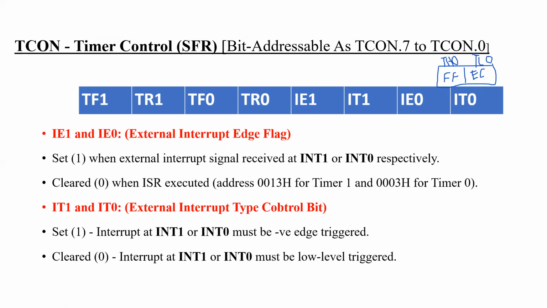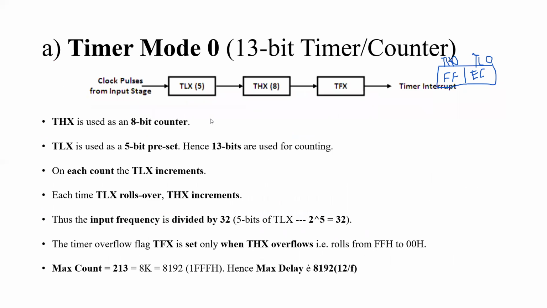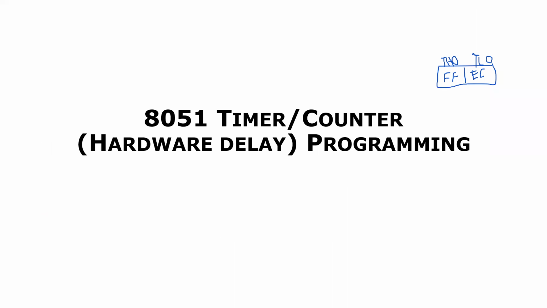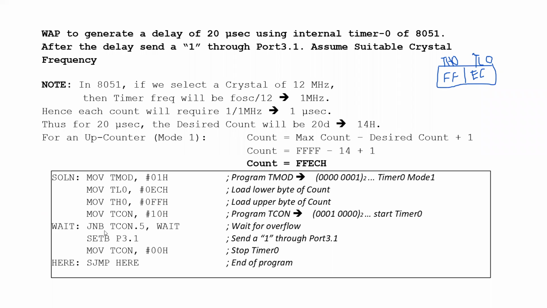If it is not set, it is 0. So we are checking whether an overflow has occurred. When an overflow occurs, this bit will be set. This TCON register is a bit addressable register, so you can individually access each bit. We are checking this TF0 bit alone by using the jump instruction JNB TCON.5.